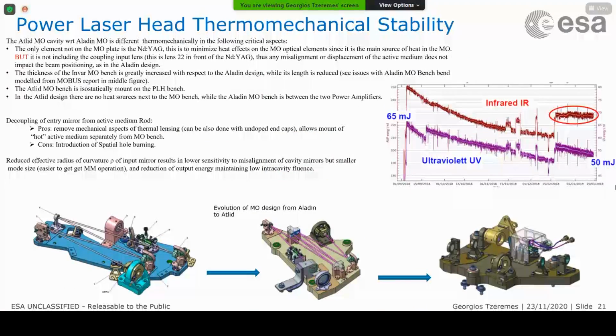The next big difference between ground systems and spaceborne instruments and technologies that need to be carefully selected and developed is the thermomechanical stress that you get on your instrument. On ground, it's more or less easy to regulate the temperature of operation.